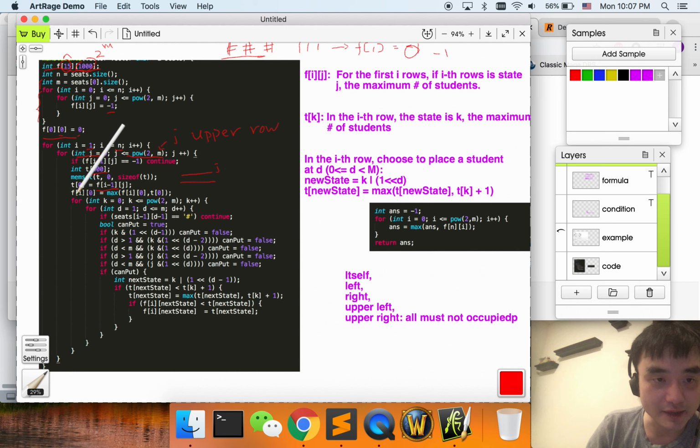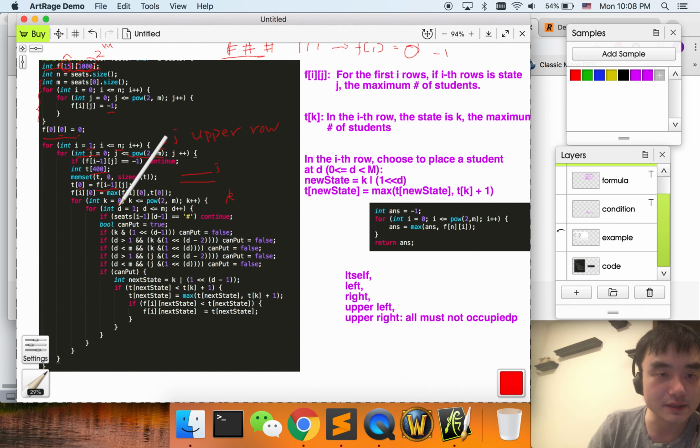And Fi0 equals the maximum of these two numbers, so we use T0 to update Fi0. I guess that's also pretty obvious. Let's move on. K here is the state of the current ith row. So it's the current row's state.